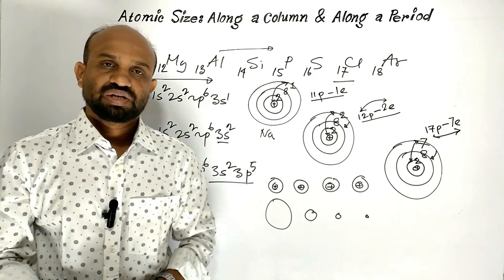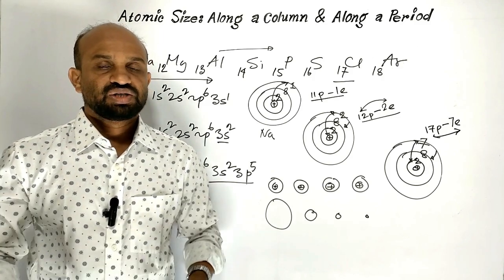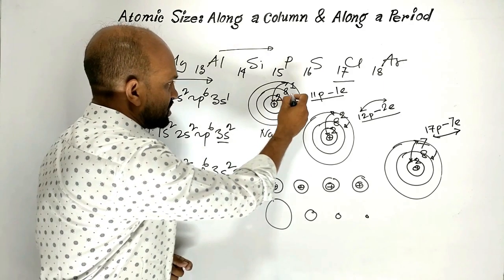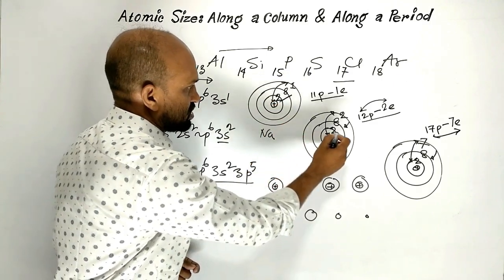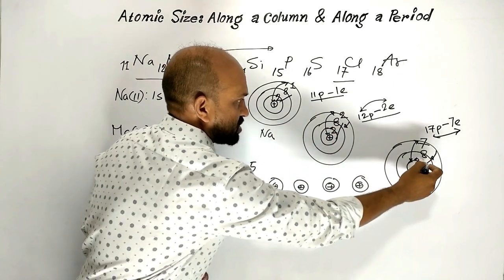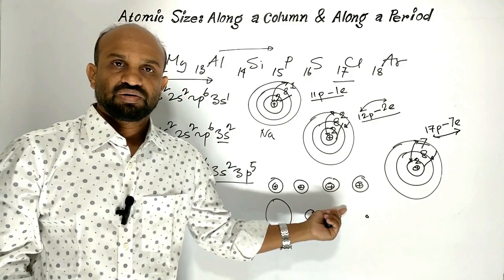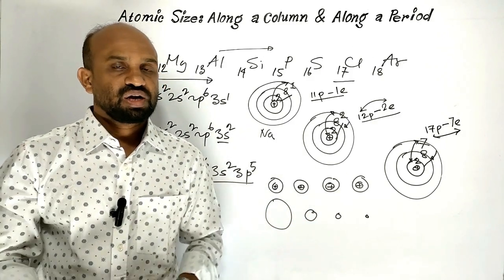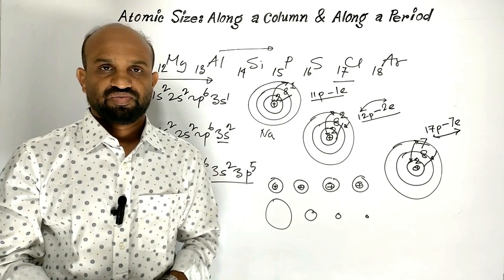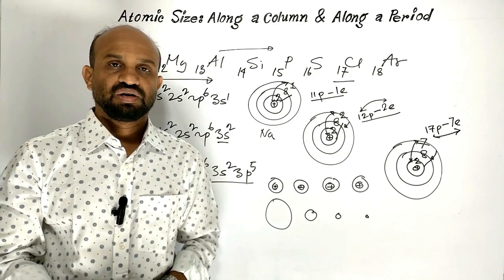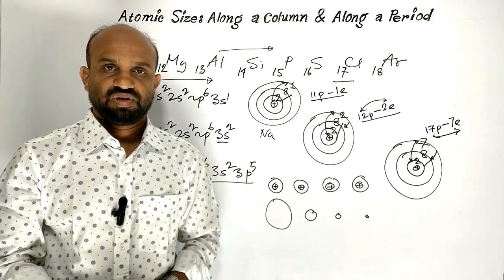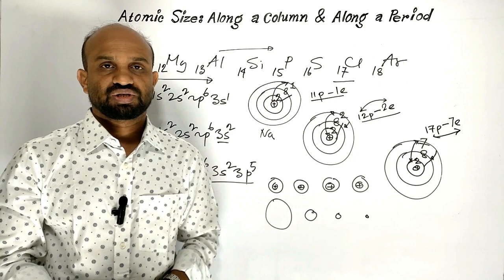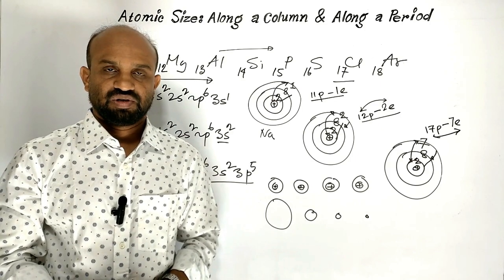Here, there is no shielding effect difference, or the shielding effect is the same, because the inner shell electrons are the same. For the third period, this is 10 electrons. So along a period, the shielding effect is the same and not effective. Only the attraction between nucleus and outermost shell is effective.